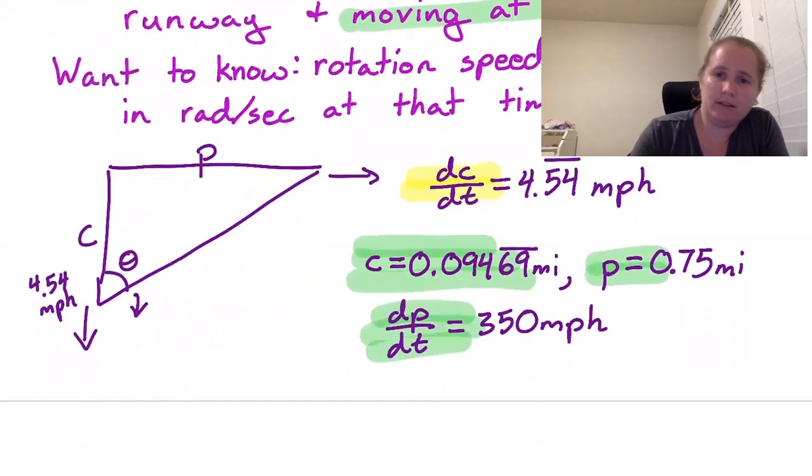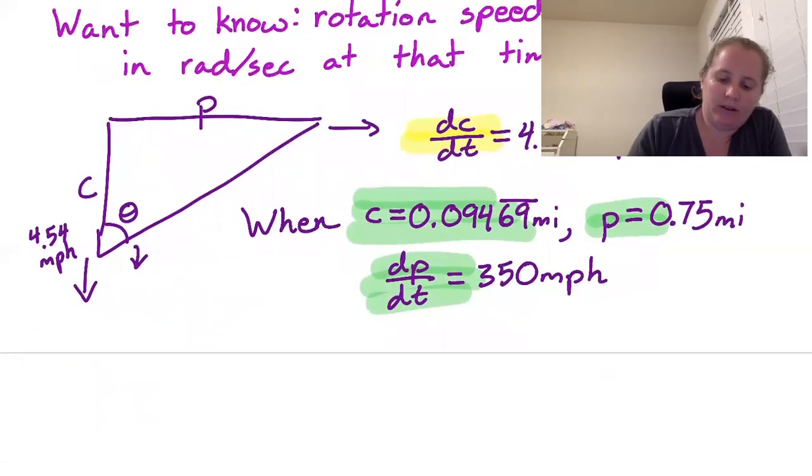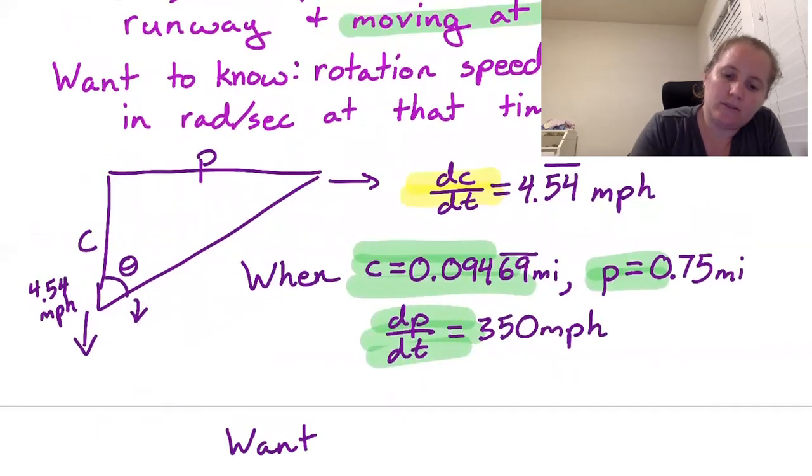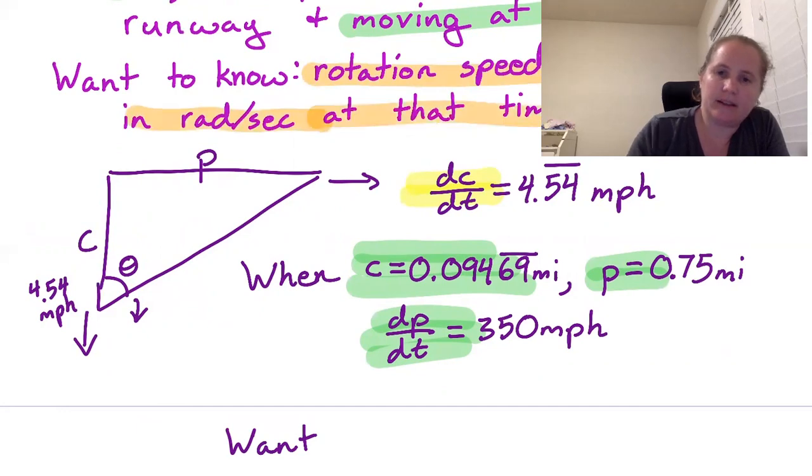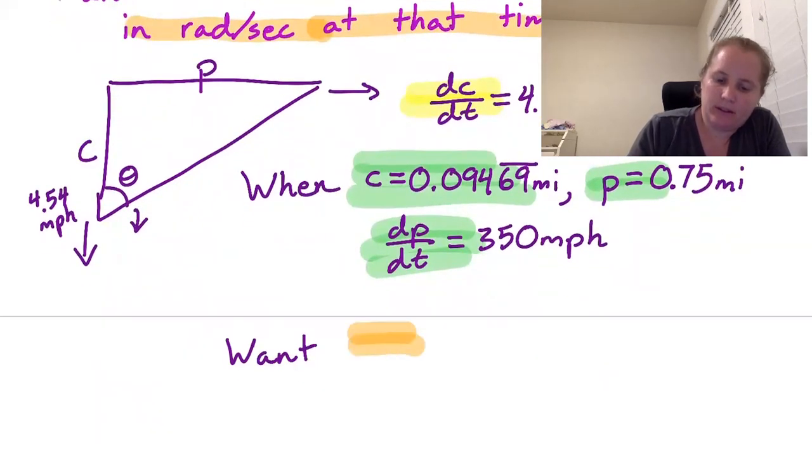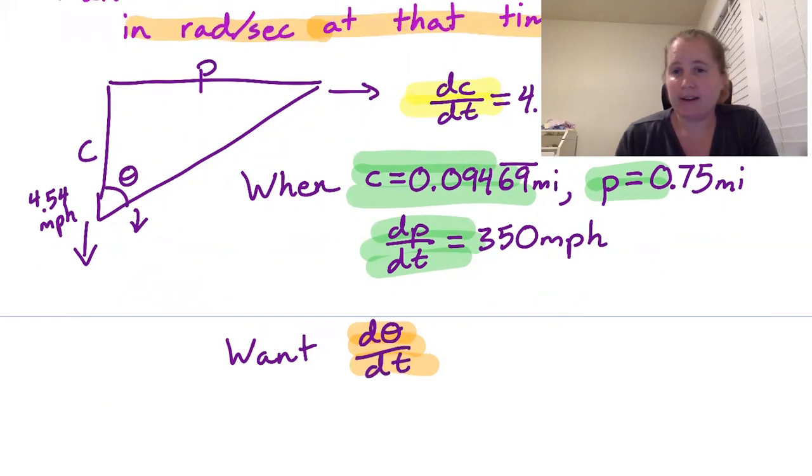And then we want, so this is when this is true, right? And then we want the rotation speed of camera in radians per second at that time. So the rotation speed will be d theta dt. We'll start with that.